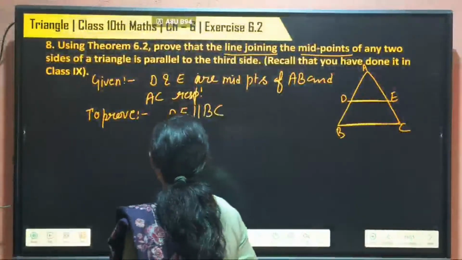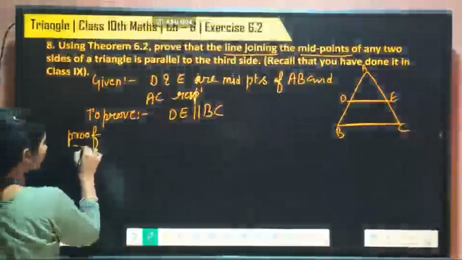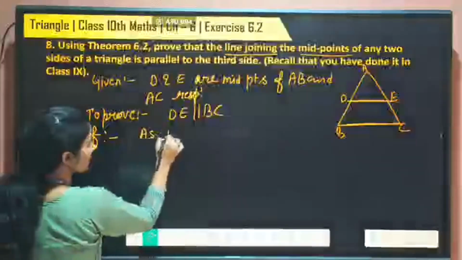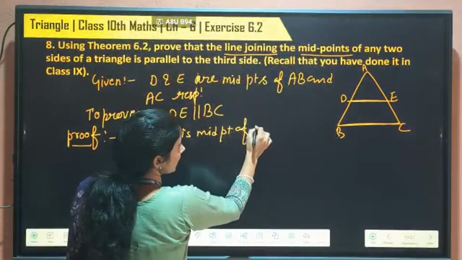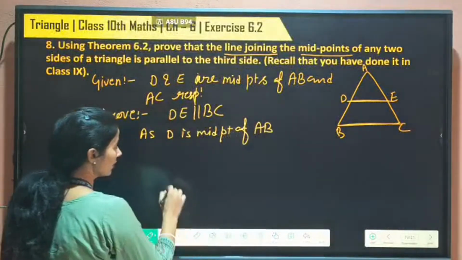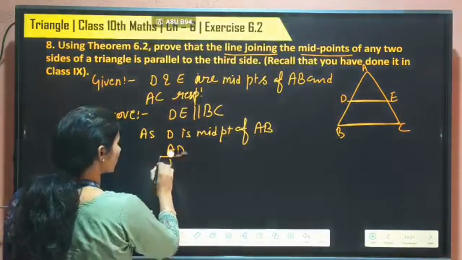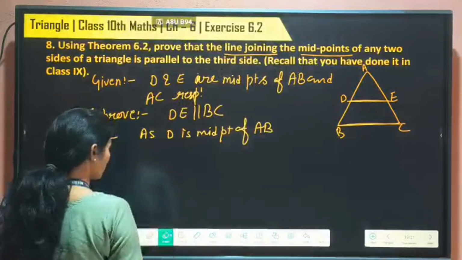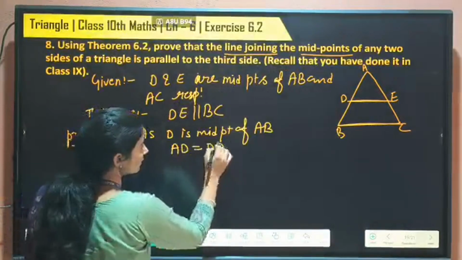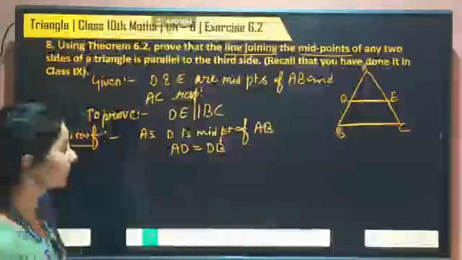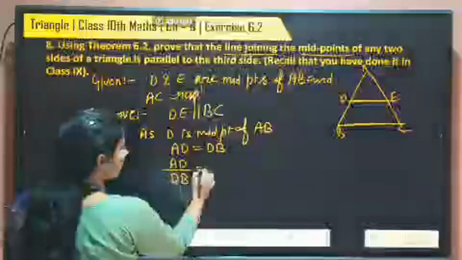Now see, as D is the midpoint of AB, then I can write AD equals DB. If it is the midpoint, then the length of AD will be equal to DB. From there, AD by DB equals 1.